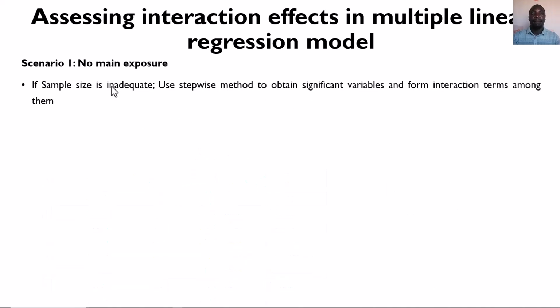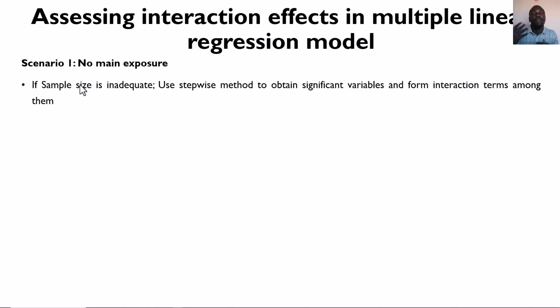However, if still we do not have a main exposure and our sample size is also inadequate, then we shall use a method that we've just applied, the stepwise method, this time round on our very many original variables, or the basic variables, to first find those that are statistically significant so that we now form interaction terms among only those.